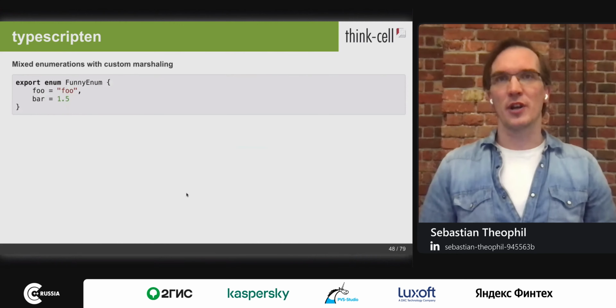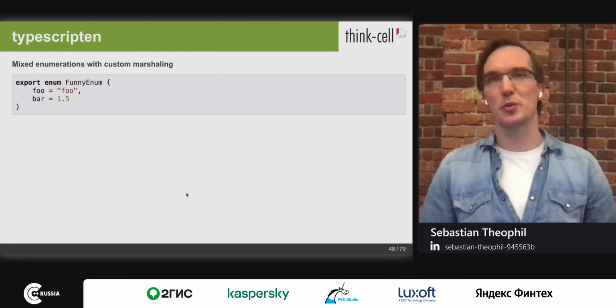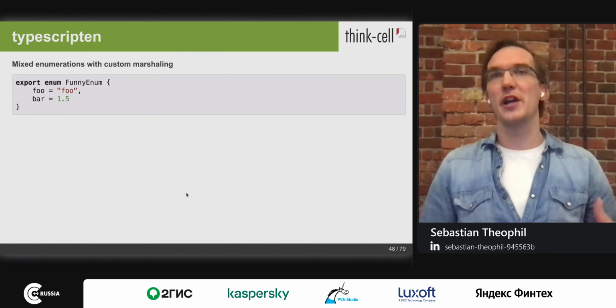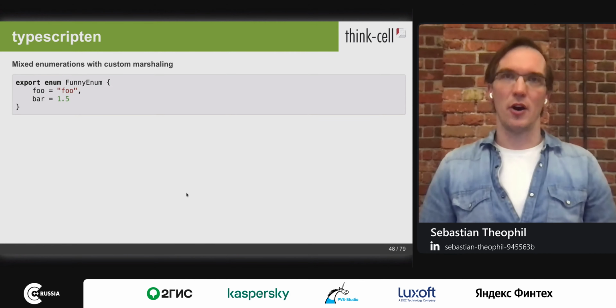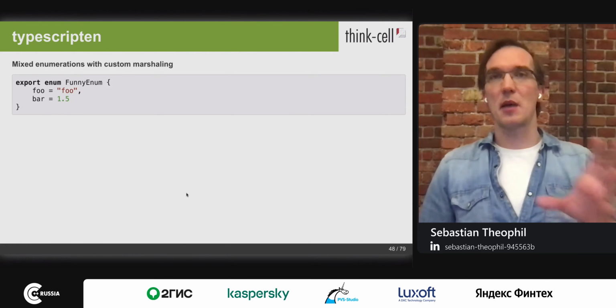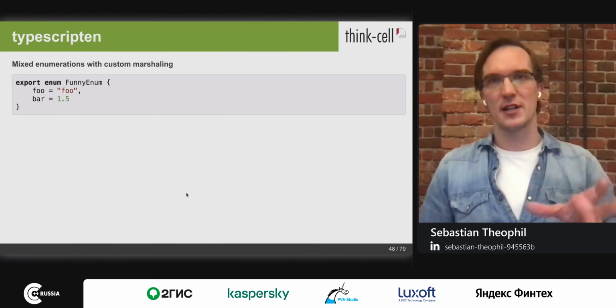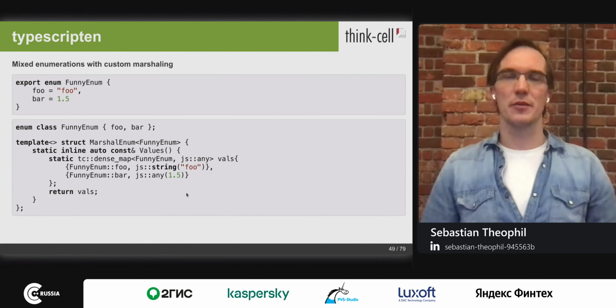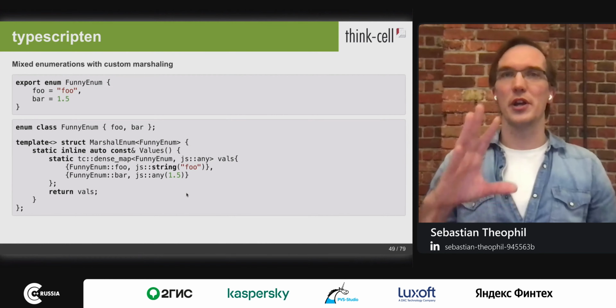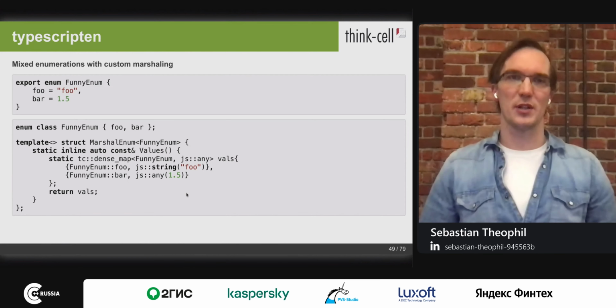And last but not least, I said we also support mixed enumerations, which are a TypeScript feature where an enumeration can have integer and string and double options. And this is something we support in C++ in an entirely different way. We emit a normal C++ enumeration. But what we customize instead is the way that enumeration will be marshaled to the C++ world.